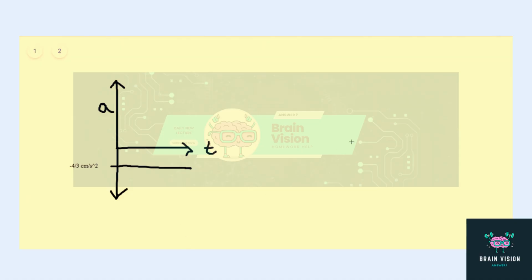Now, position is a little trickier, but it's not too bad. Position should increase until it gets to 6, and then start decreasing again once the velocity goes negative.